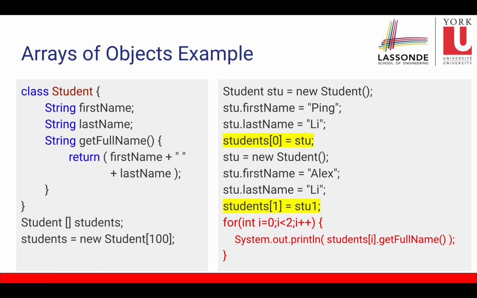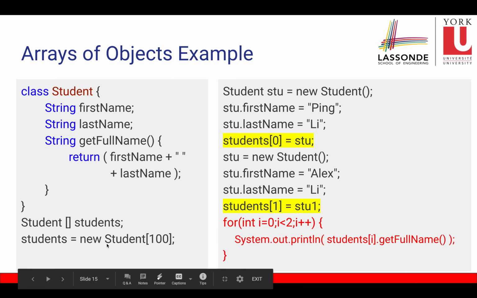Let's look at an example. On the left side, we defined class Student, including 2 attributes and 1 method. Then we declare a student array. We allocate memory for this student array, which includes 100 students.